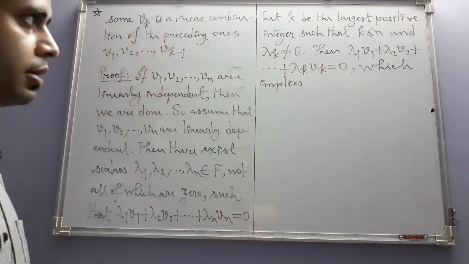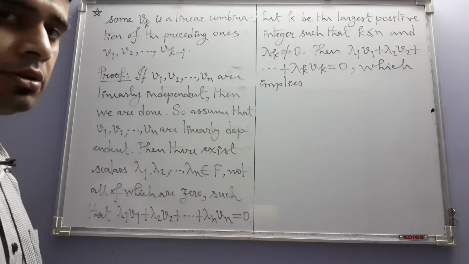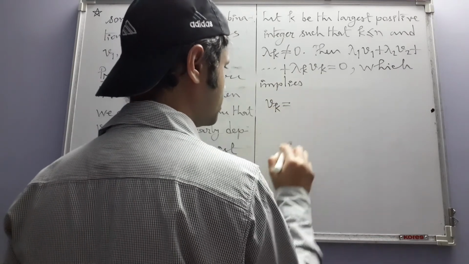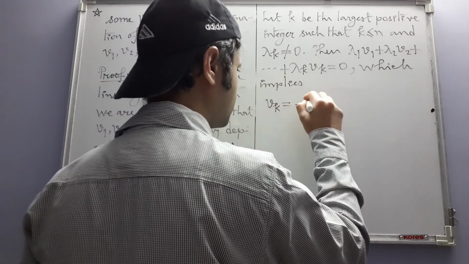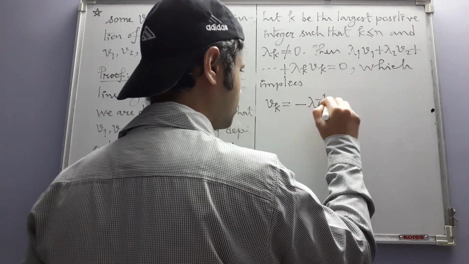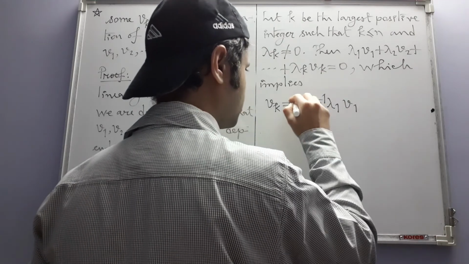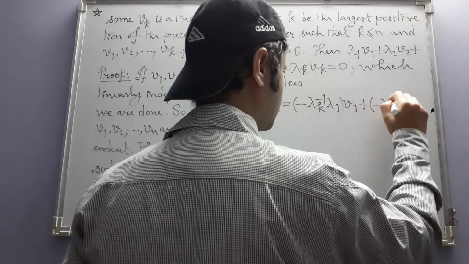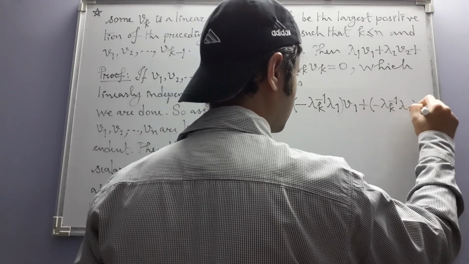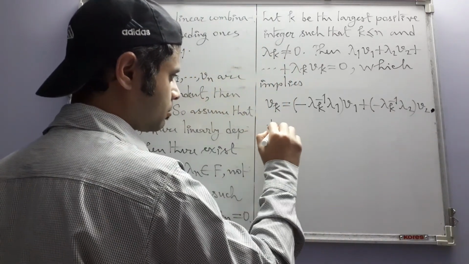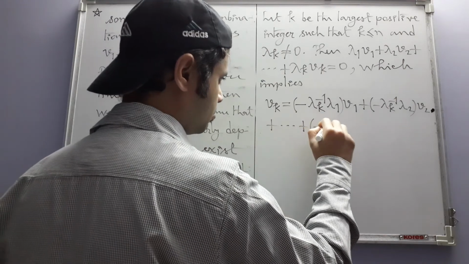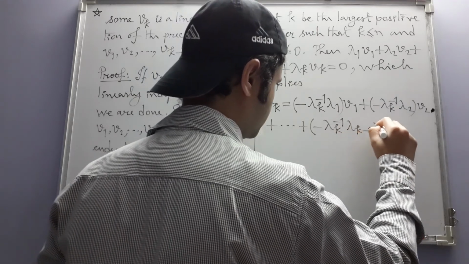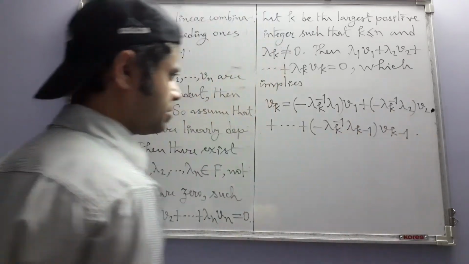If you manipulate this equation keeping in mind that lambda k is non-zero, you can write vk like this: minus lambda k inverse lambda k minus 1 vk minus 1, and so on.